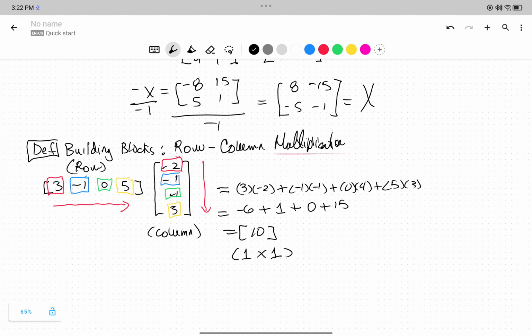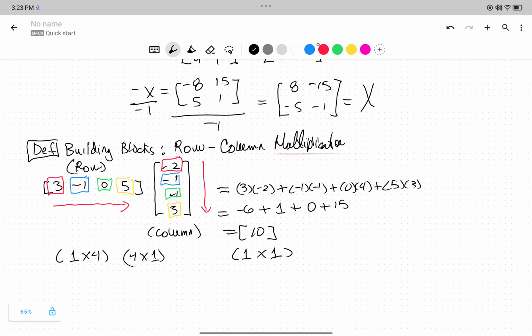So here's where something special starts to happen with multiplication. If you look at the dimensions, the row was 1 by 4. One row, 4 columns. This one has 4 rows and 1 column.